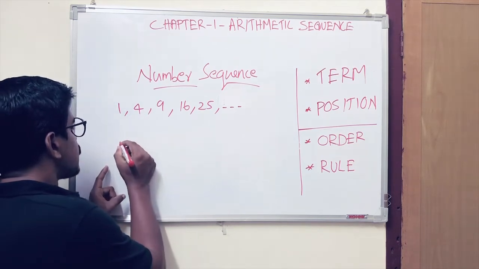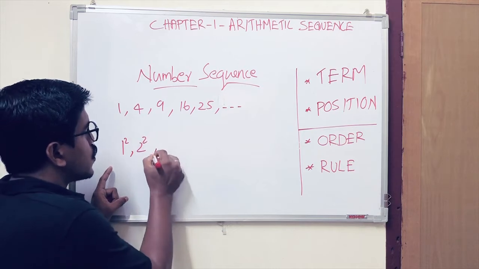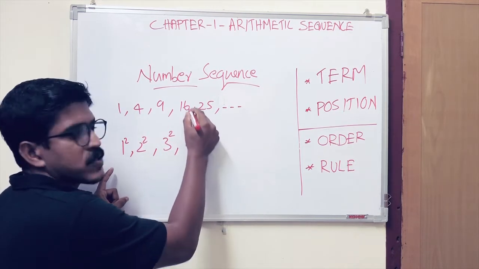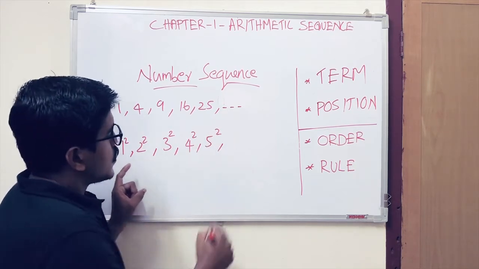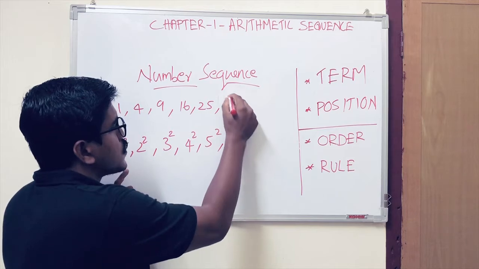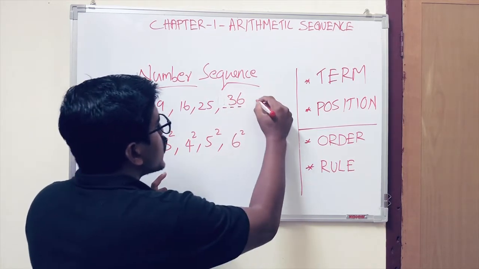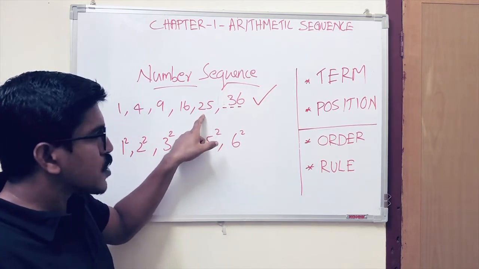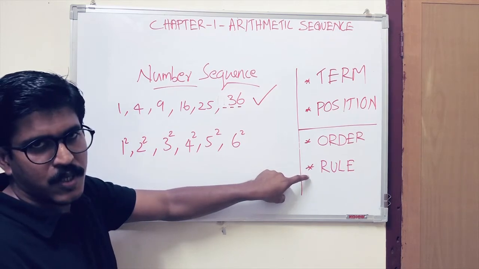That is 1 square 1, 2 square 4, 3 square 9, 4 square 16, 5 square 25. Clearly, the next term should be 6 square 36. So this is a number sequence because it is constructed with a specific order followed by some rule.